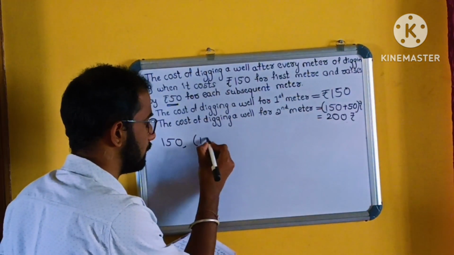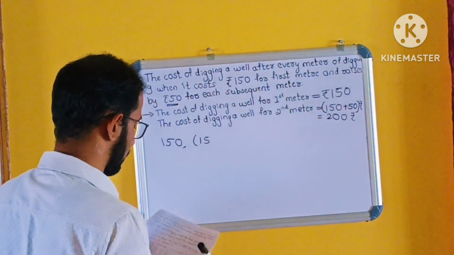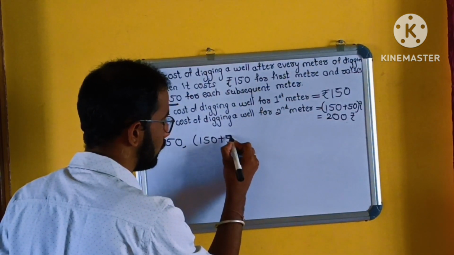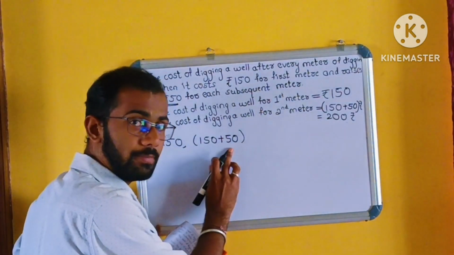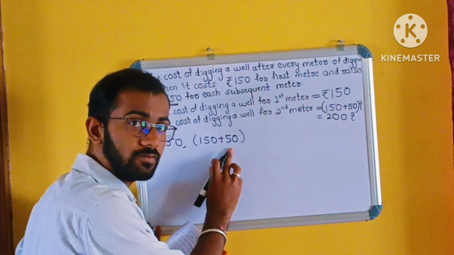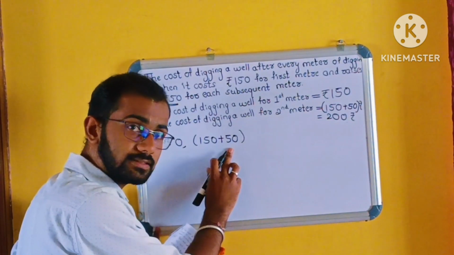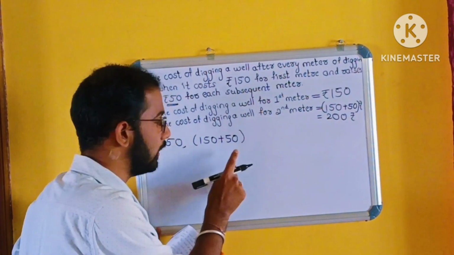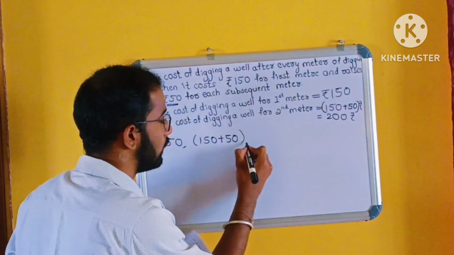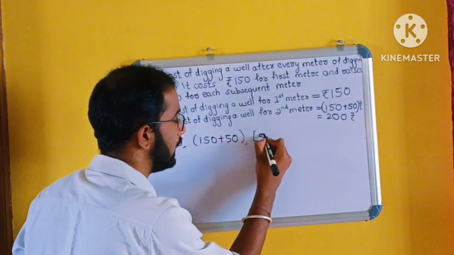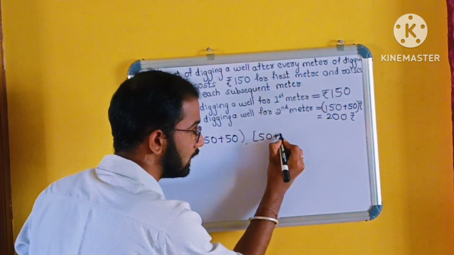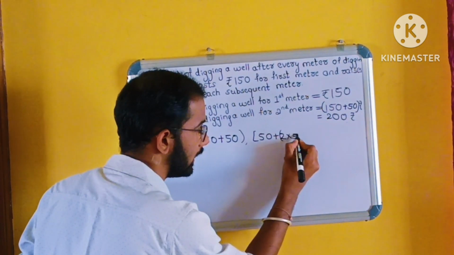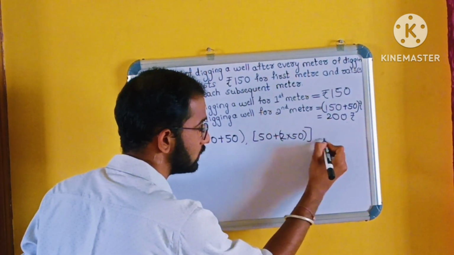Then for the second, 150 plus, again we have to add 50. Why 50? Because we are digging the well for 2 meters; for the extra 1 meter, we have to raise the cost by 50 rupees. Then for the third meter, the cost will again rise by 50, and so on.